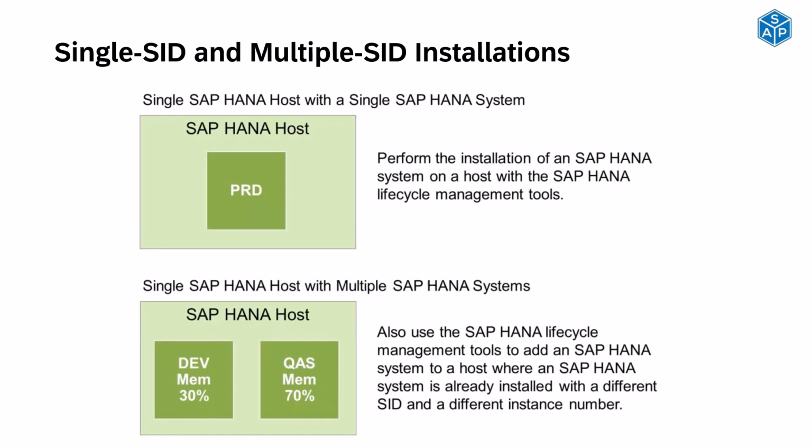Instead of installing one HANA database on one appliance, they started installing multiple SIDs, meaning multiple instances, on the same node. For example, they bought one 512 GB hardware and installed both the development and quality databases inside that one appliance, and the second 512 GB appliance was used for the production instance.